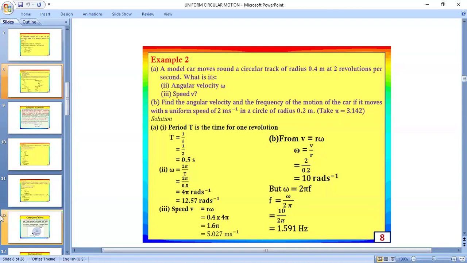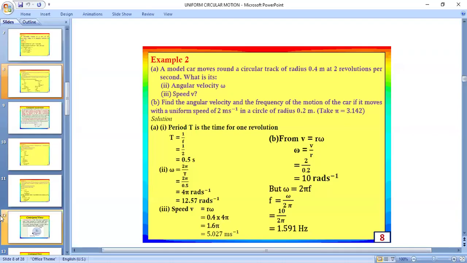Omega equals v over r. So substituting, v is 2, radius is 0.2. Therefore, we get 10 radians per second. Angular velocity is measured in radians per second, written as rad per second.